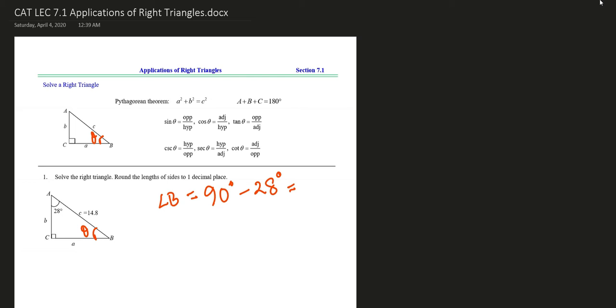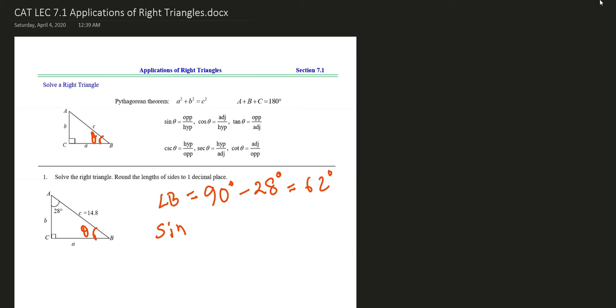And we get 62 degrees. Now if we consider this triangle and this is our angle theta, then we can find sine 62 degrees, or we can also keep going with the given angle, 28 degrees. So let's go with the given angle.